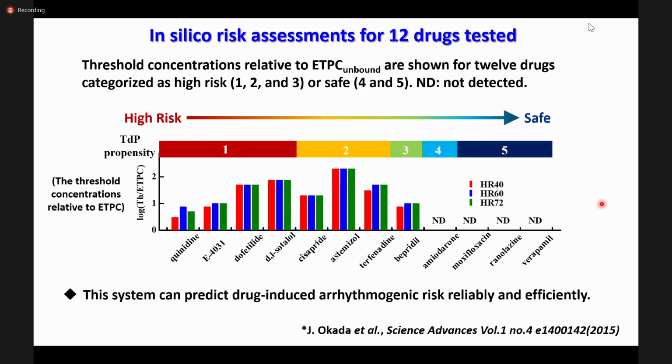In the safe drug, in category 4 and 5, we cannot observe the generation of arrhythmia. There are no false positive in this case. This system can predict drug-induced arrhythmogenic risk reliably and efficiently.